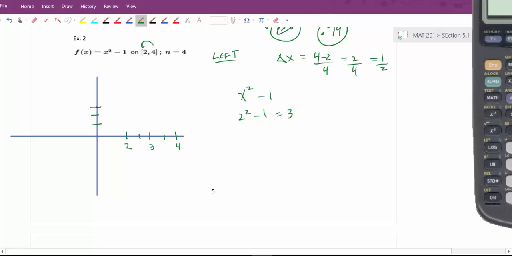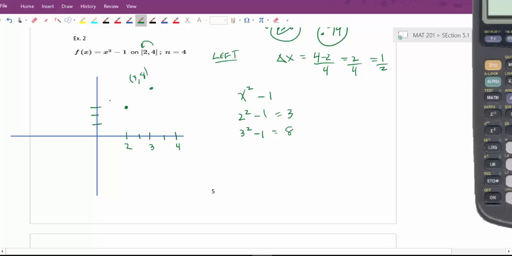So that means that we have a y value there of 3, which is pretty important in the problem. Okay. Then I'll just go ahead and do all of these. So if I do 3 to the second minus 1, that's 9 minus 1, so that's going to be 8. So let's just label it like 3, 8.